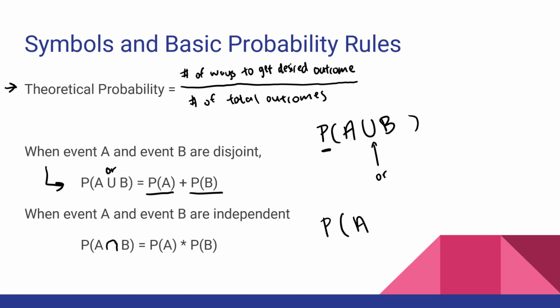Again, it's P, and then now we have an upside down looking U, and then B. This symbol is read as an AND. So this whole expression would be the probability of A and B occurring. Coming down here, we see that when events A and B are independent, the probability of A and B occurring is equal to the probability of event A times the probability of event B.